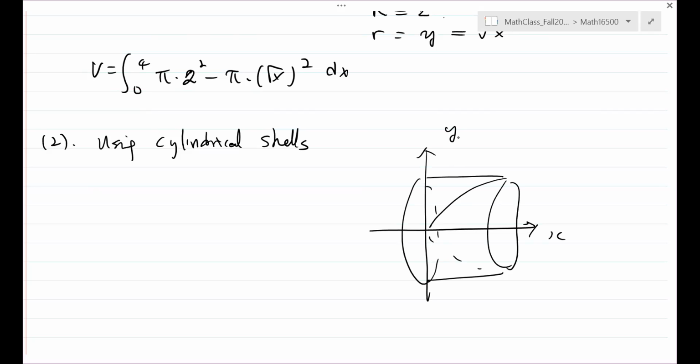So how do we do that? The axis is still the x-axis, but we're going to use cylindrical shells. So you cut them, you get cylinders.